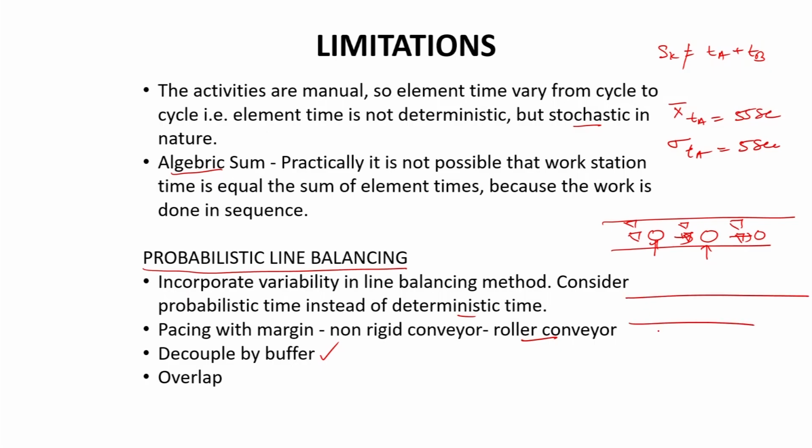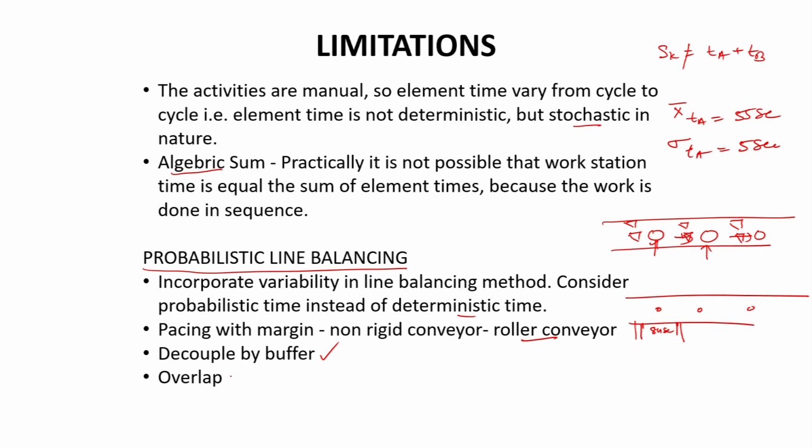This worker can start his task from this point and go up to this. This is the normal way, 84 seconds is available, but if he is not able to complete, he can overstep a little bit and go up to this also. And similarly, he can start a bit early if his task is completed.